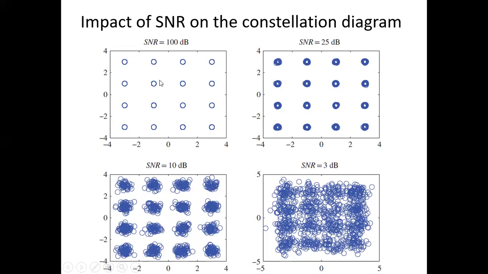But if it moves further, then it may come even closer to another location, and then can be misdetection. It can be detected as something located here. So you get then a different bit combination, because every particular constellation position corresponds to a particular combination of the bits. So when it is deviated too much and it is closer to another one, you are considering it to be a different position.